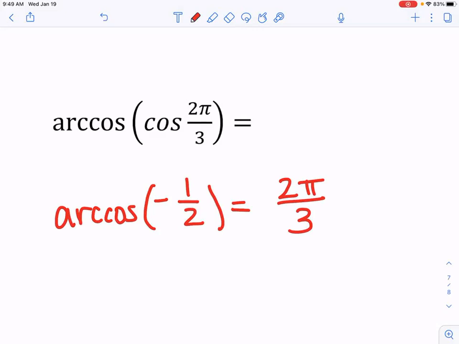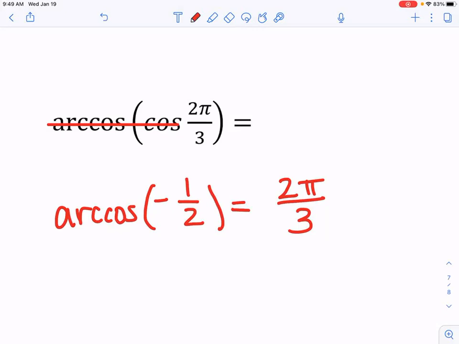Because 2π/3 is a first or second quadrant angle, and our outside function is arc cosine, it is possible for these to undo each other. That's what happened. But unfortunately, that is not going to happen every time.